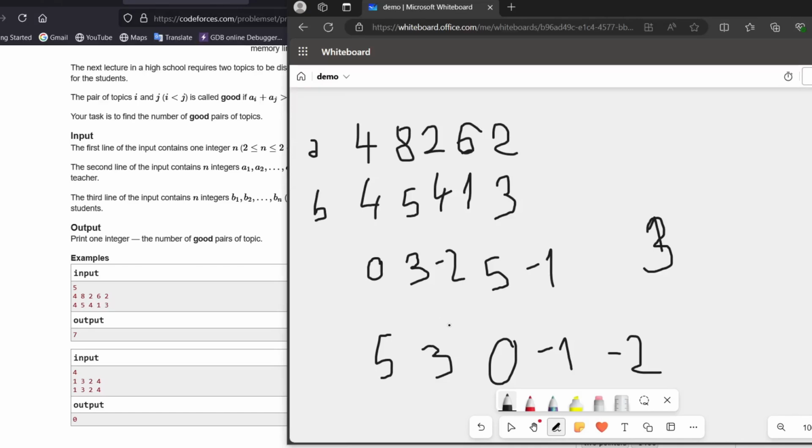But what do we know? We know that the larger our number is, the more possibilities we have. So if we had all of these possibilities with 3, if we use 5, we will definitely have all of them as well. So we don't have to count all the possibilities that were already possible for the number before.